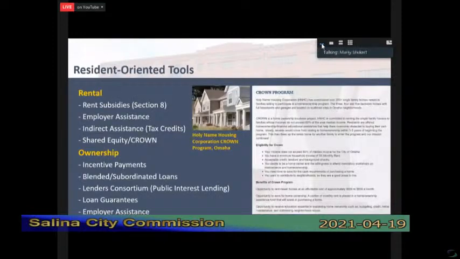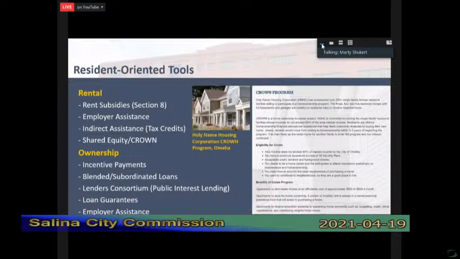And finally, we come to resident-oriented tools. And these have both rental and ownership elements. On the rental side, the Section 8 program, which all of you know about, is a rent subsidy program that is clearly a resident-assisted or resident-based incentive tool, although it helps to fill housing units.